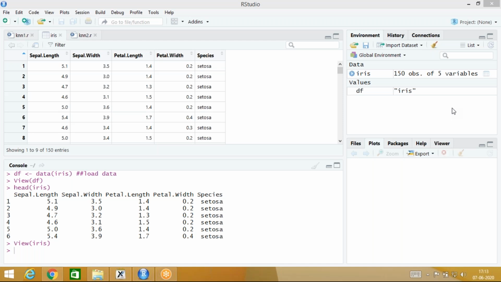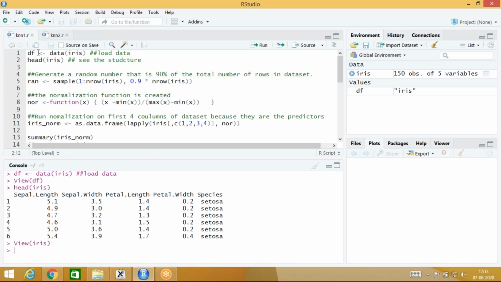Yes, somebody was saying something. Sir, Madhusmita, sir, where is this iris data set actually? I got those R files, KNR1 and 2, but how is this table coming? Why don't you run the first two lines in the assignment? This is an inbuilt data set. I have not given the data set separately.